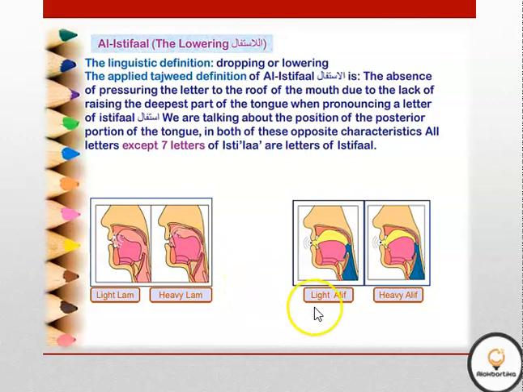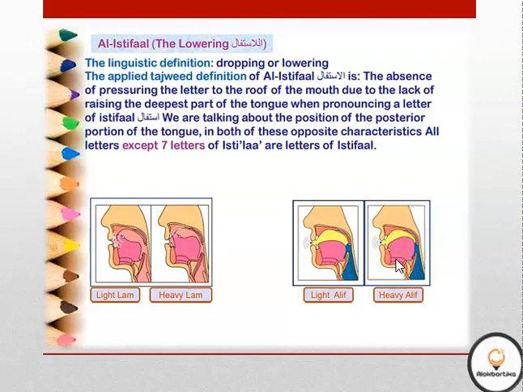And in the case of light alif, that means tarqiq alif mad, our tongue remains flat. But when heavy alif is being pronounced, that back part of the tongue is pressured near to the roof of the mouth.